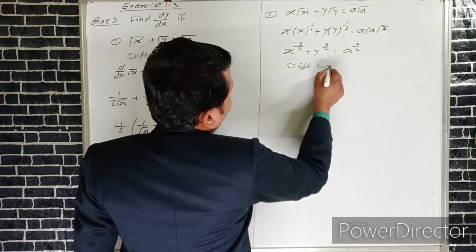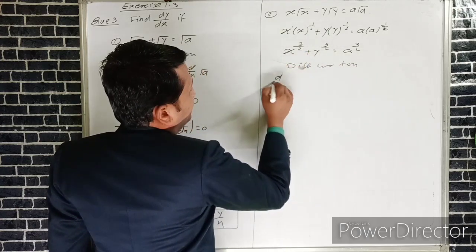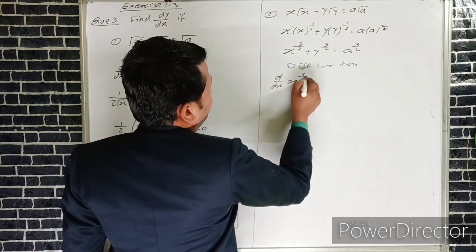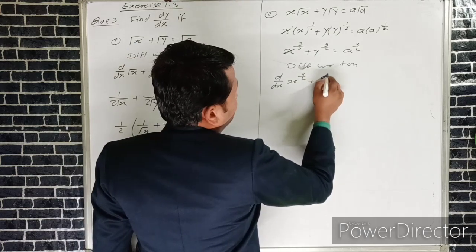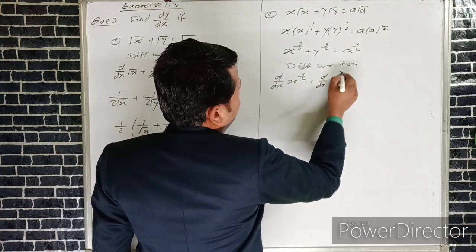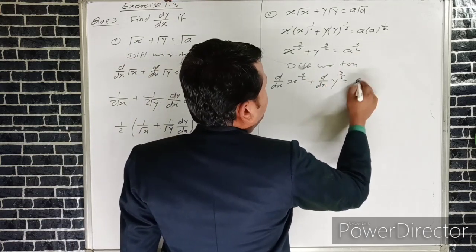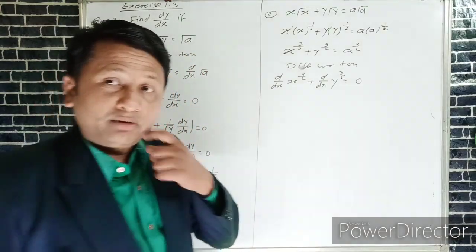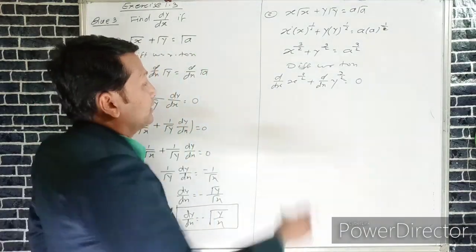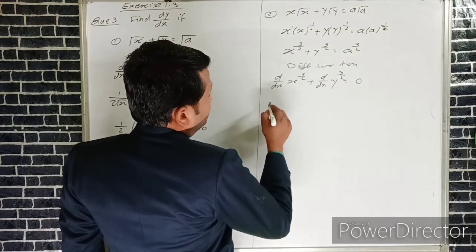If we differentiate with respect to x, then we take the derivative of x raised to the power 3 by 2 separately, plus the derivative of y raised to the power 3 by 2, and the derivative of the constant function a raised to the power 3 by 2 is also 0. Here the derivative of x raised to the power n is n into x raised to the power n minus 1.